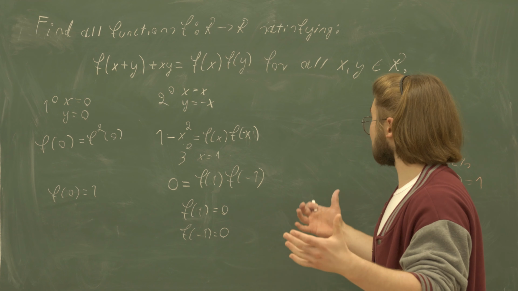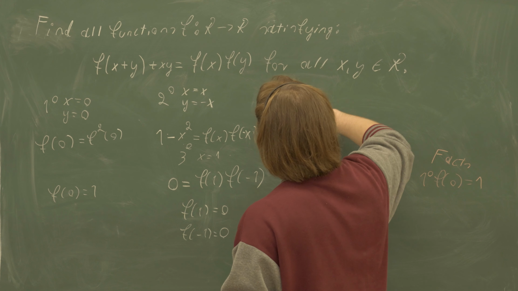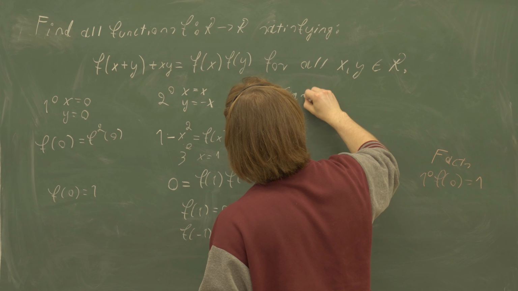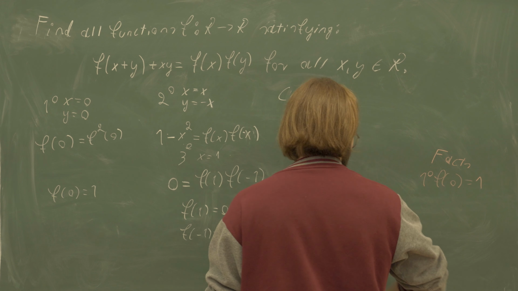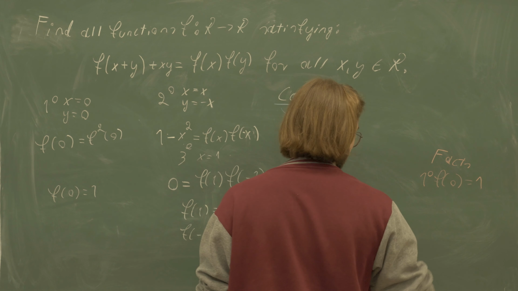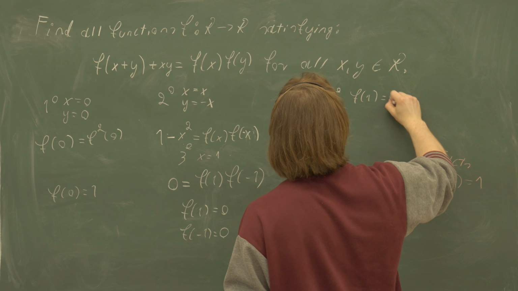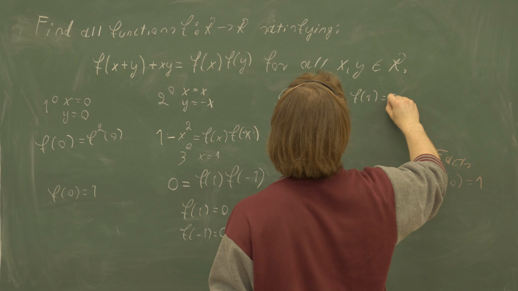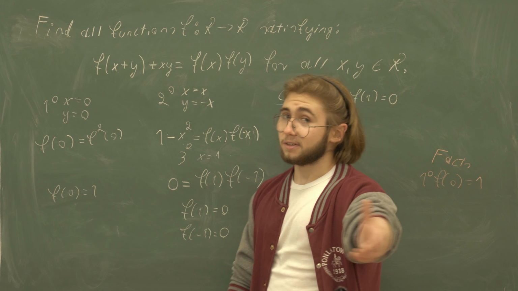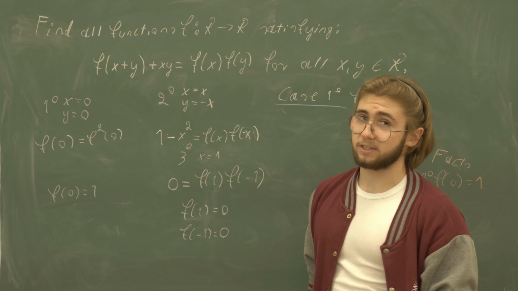So, for the first case, let's call it case 1, blue chalk. For case 1, I would like to suppose that f of 1 is equal to 0. And I would like to use this in order to get rid of the right hand side.